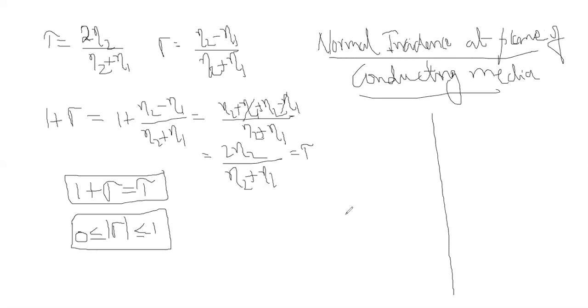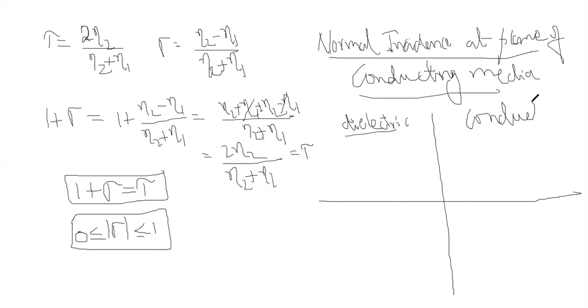Now I'm taking a boundary in between a dielectric and a conductor. For a conductor we always remember sigma, and for a dielectric we always remember epsilon. Those are the parameters we have.